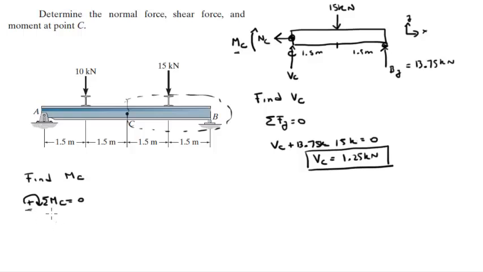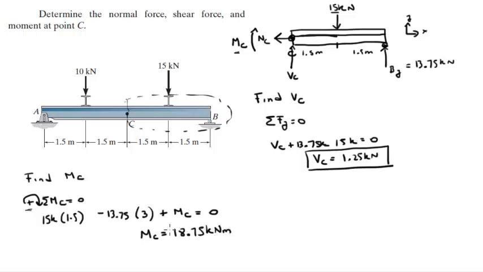So the moment created by this 15K force, 15K times 1.5, because it's the distance from C right here, this distance is 1.5, minus 13.75, which is Vy, times 3, which is the distance from C to Vy, plus the moment, because we assume the moment is going clockwise. And all of that is equal to 0. So when you solve for the moment, you get that the moment is equal to 18.75 kilonewton meters, and it's positive, so it's going clockwise.